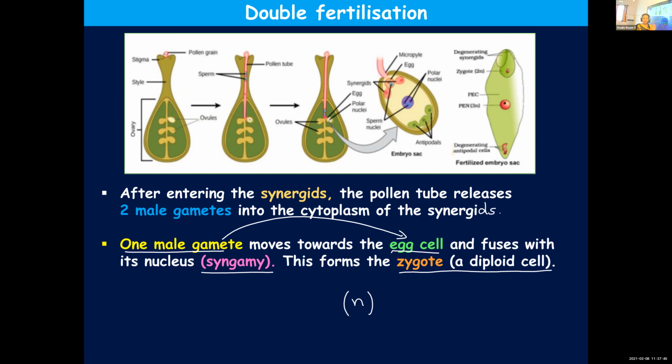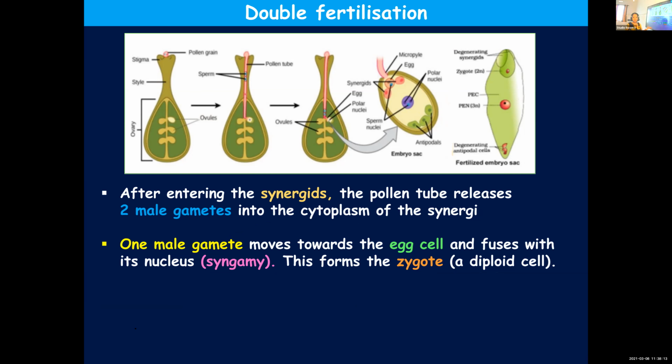All the other cells have 46. So that 23 is the unpaired condition. Such a condition where the chromosomes are unpaired, you call haploid and represent it with N. And when it is in the diploid, or paired, condition, just like in our body cells, you call it 2N.